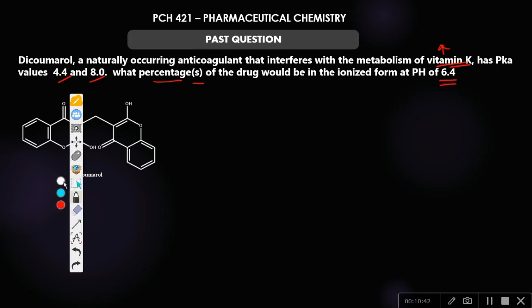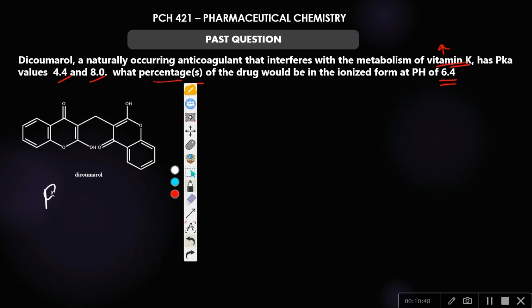The pH they gave to you was 6.4, right? But the pKa, they gave you 2 pKa values. One is 4.4, while the other is 8.0. Now we say when pKa is tending towards 8.0, what do we mean? It means that it is becoming basic.